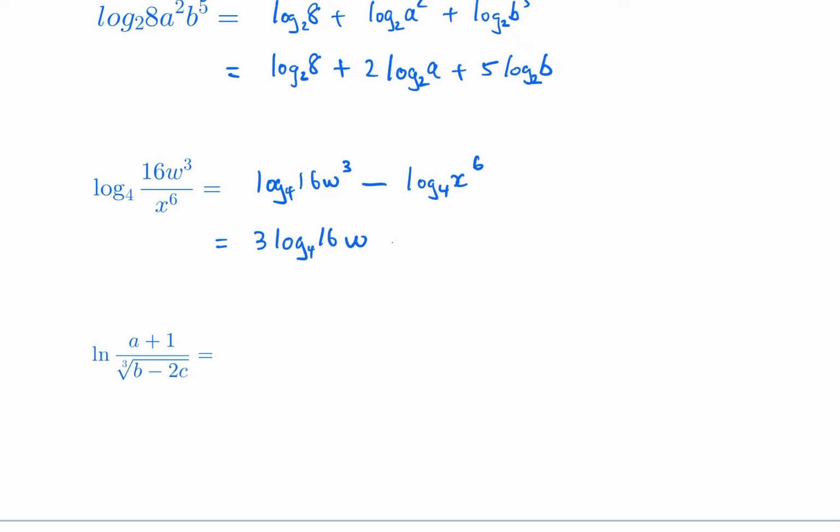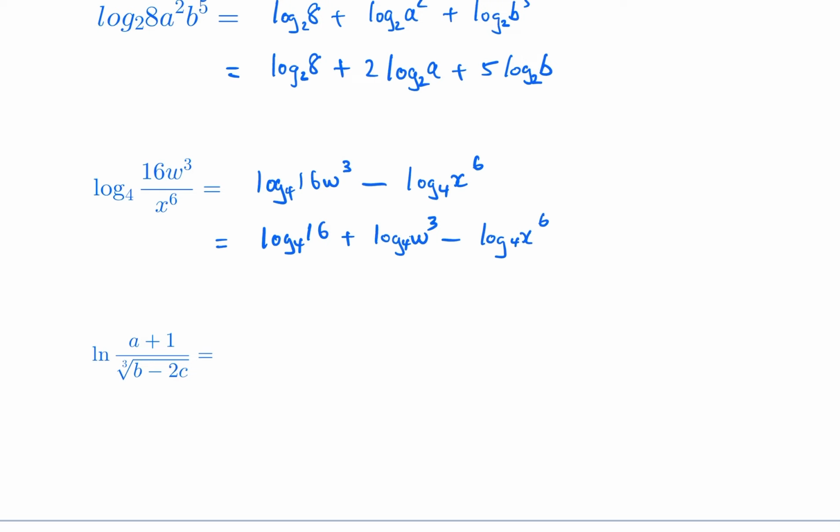Let me redo that. Before we bring the exponent down, we actually need to break this up again. I didn't notice this immediately, but if you notice, there's actually a product, 16 times w cubed. So we need to break that up further. So this becomes log of 16 base 4 plus log of w cubed base 4 minus log of x to the 6th base 4.